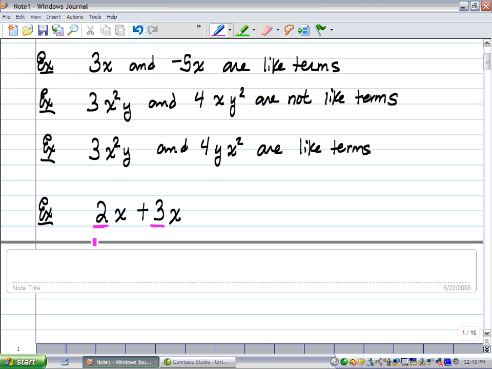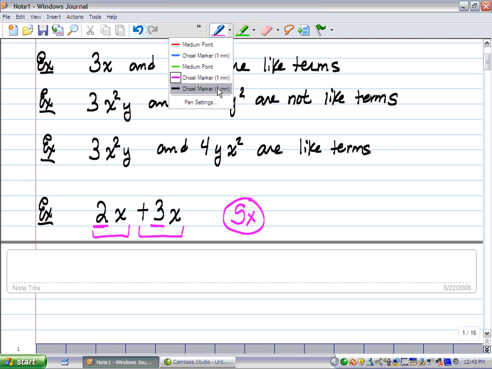So I'm going to say this term, 2x, is like this term, 3x. They're really both positive, so the sign is always in front of the number. So this plus sign here goes with this second term. So I'm going to put the 2 and the 3 together, and my solution is going to be 5x.